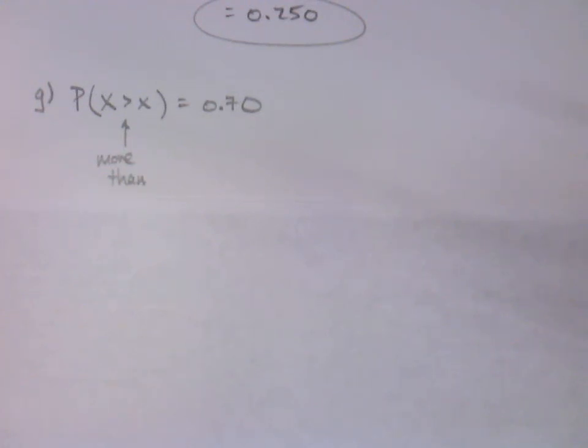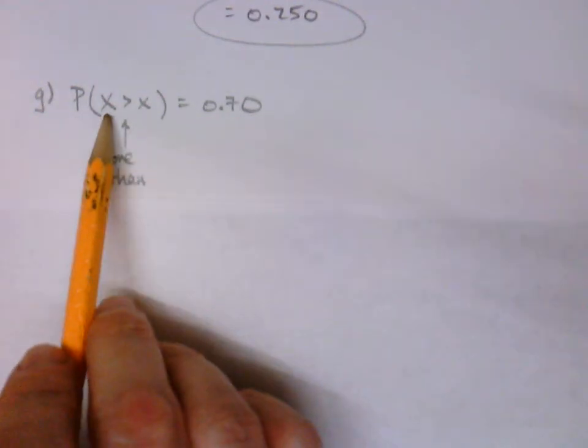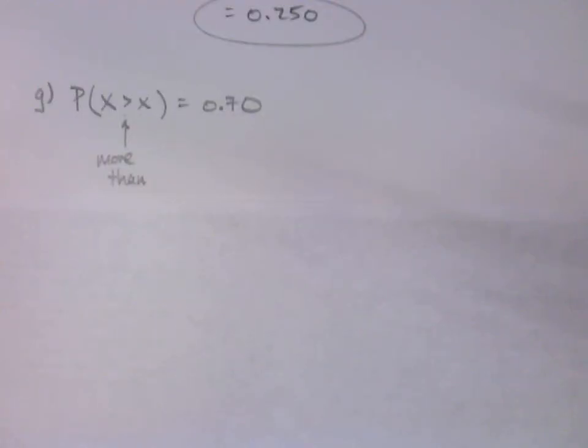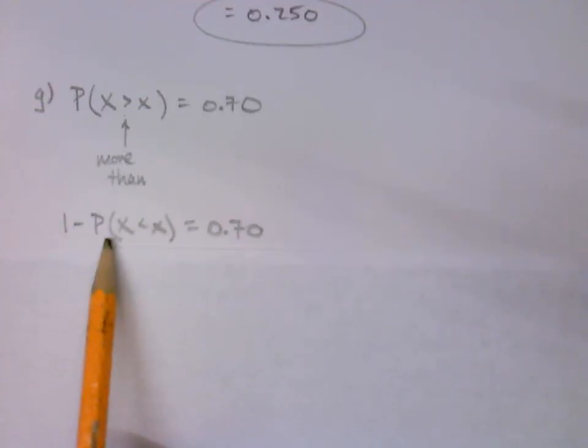We had a question like this back with how long it took people to fall asleep at night. If this is ever a greater than, then we need to use the complement. We need to think of that as 1 minus the less than.